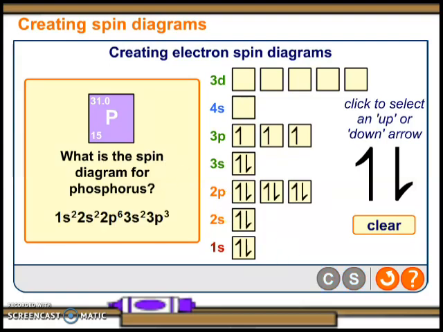Now use the above diagram to place electrons in the orbital with the lowest energy first. Continue placing electrons in each orbital with the next higher energy level. The electron configuration of phosphorus is 1s2, 2s2, 2p6, 3s2, 3p3. The superscripts add up to the number of electrons, which is 15.